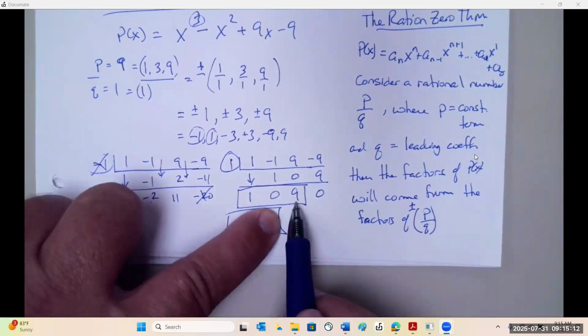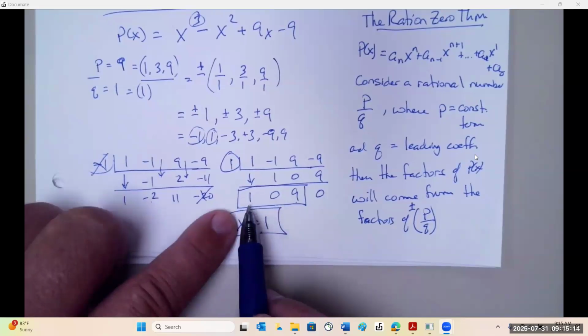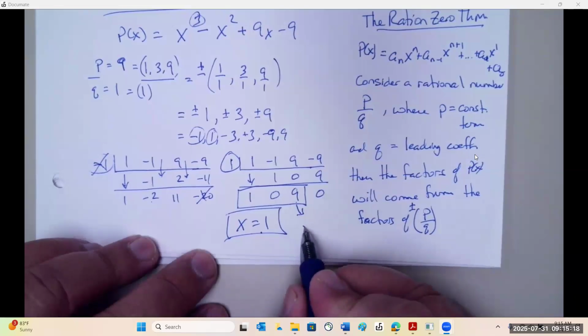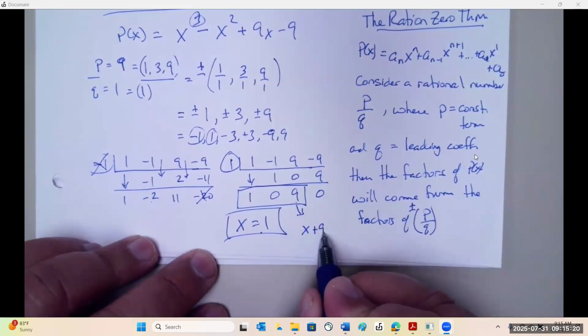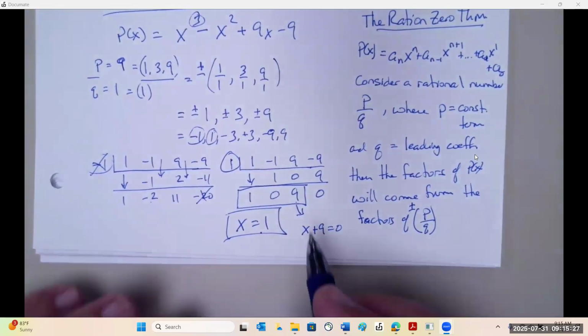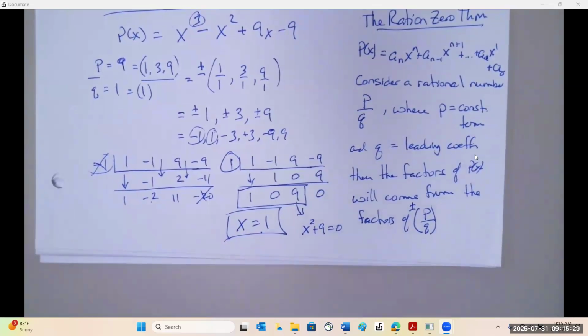Remember, this is the constant, this is the x, this is the x squared. So what this equation looks like is x squared plus 9 equals 0.